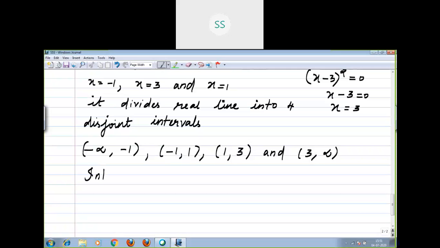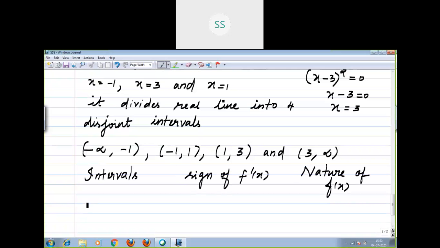The same procedure for the intervals. Next, the sign of f dash of x gives the nature of f of x. Interval minus infinity to minus 1.